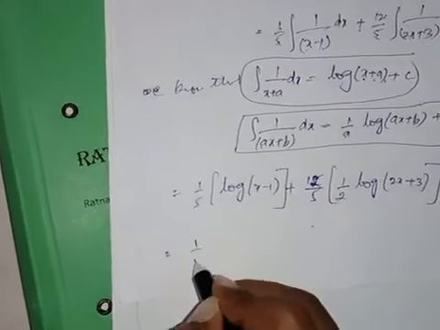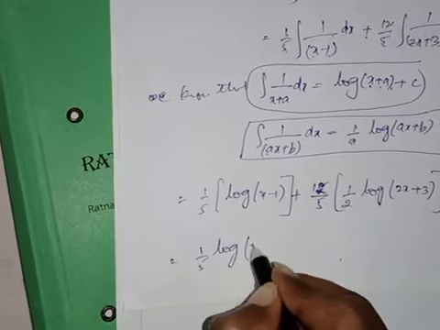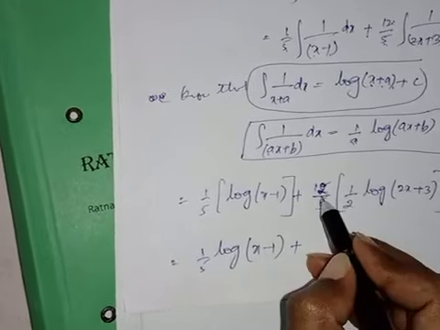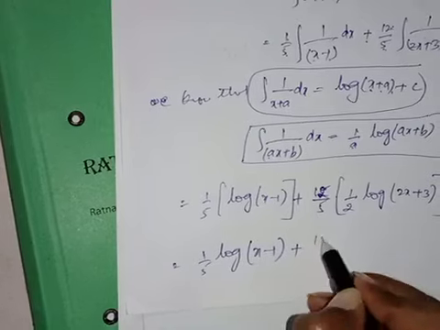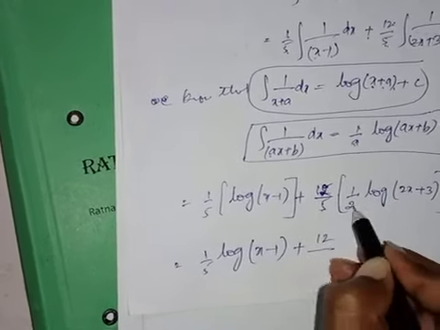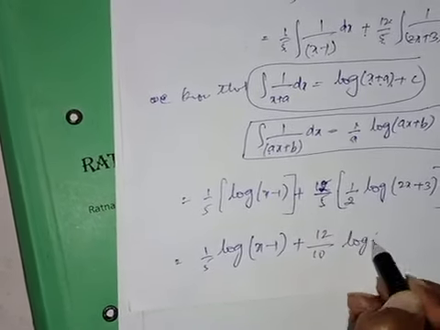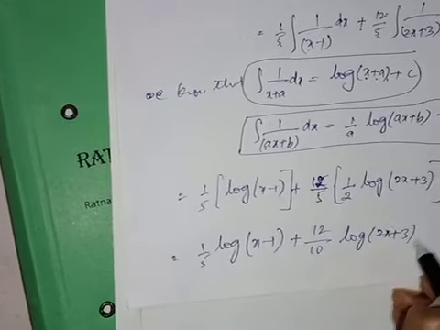That is equal to 1 by 5 log of x minus 1 plus 12 into 1, 12, 5 into 2, 10, log of 2x plus 3 plus c.